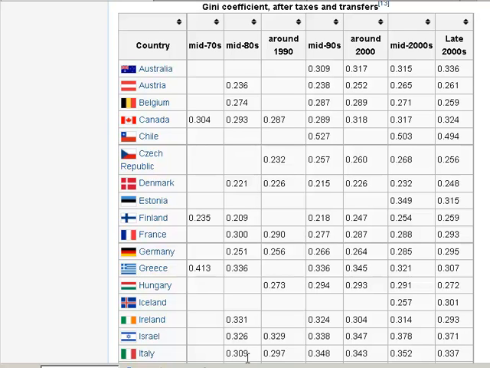Italy in the 80s was 0.30. But by the mid-90s, by 2000 and the late 2000s, they're 0.33. So Italy has become a more unequal society. Denmark also has more inequality, but still a very low number, so it can't be too harsh. Canada, greater inequality.